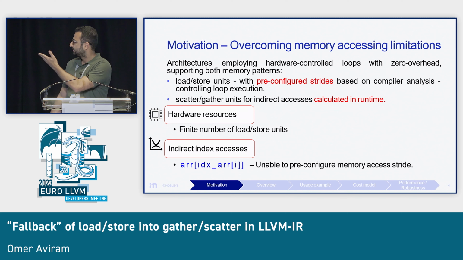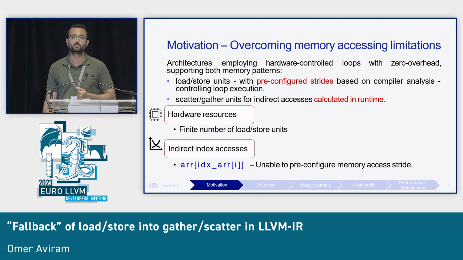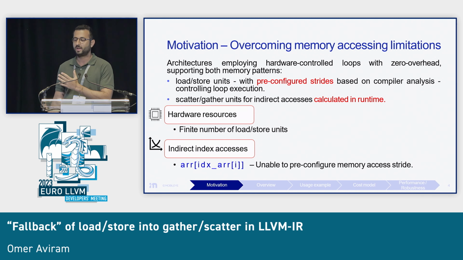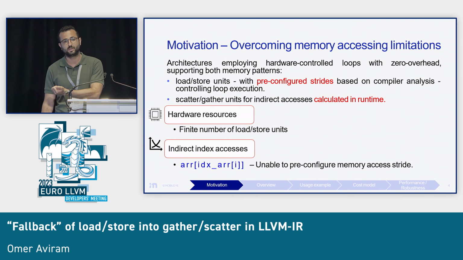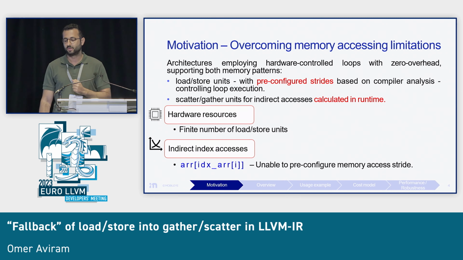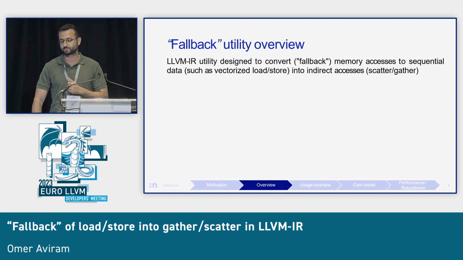For example, as you can see here, that's an indirect access. The compiler cannot pre-configure its stride because the stride is actually dependent on another loaded value based on user input. So in these cases, we would have to find another solution.